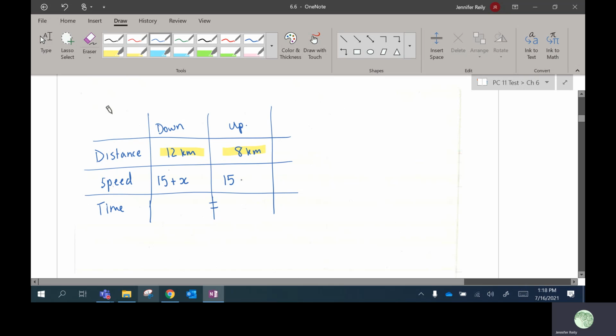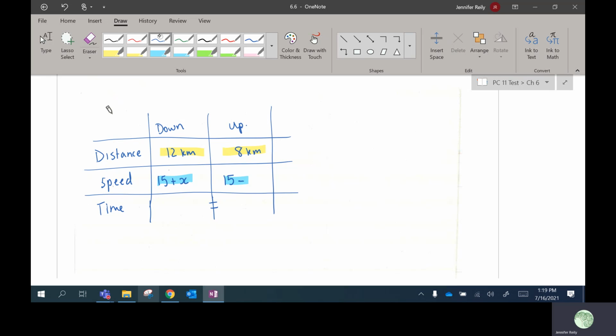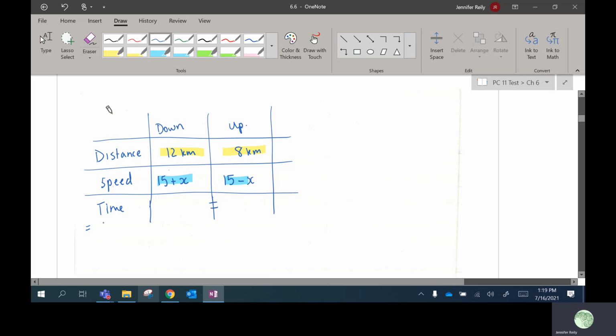And then when you're going upstream, that means it's harder. You'll have 15 minus x. Okay, and then time is distance divided by speed. So it's going to be 12 over 15 plus x and 8 over 15 minus x.